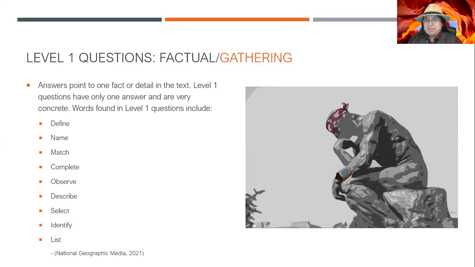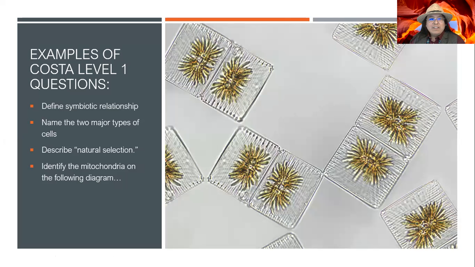If you notice, we have the thinking man with a headband and his bow guard. Navajo, we called it. All right, so examples of level one questioning in science could be: define the symbiotic relationship, name the two major types of cells, prokaryotic, eukaryotic, describe natural selection, survival of the fittest, identify the mitochondria on the following diagram.